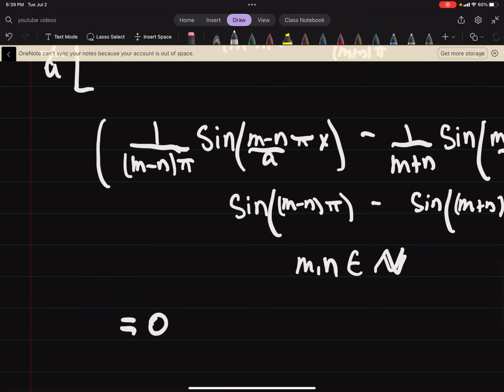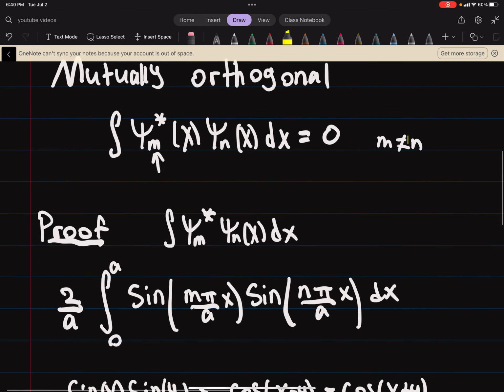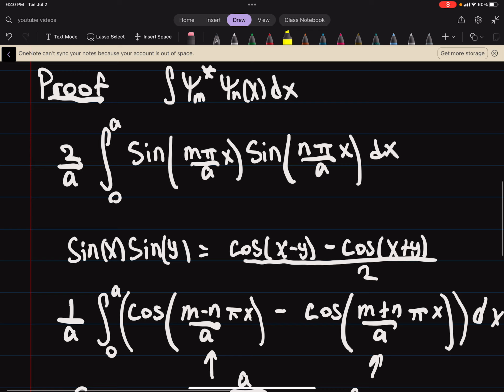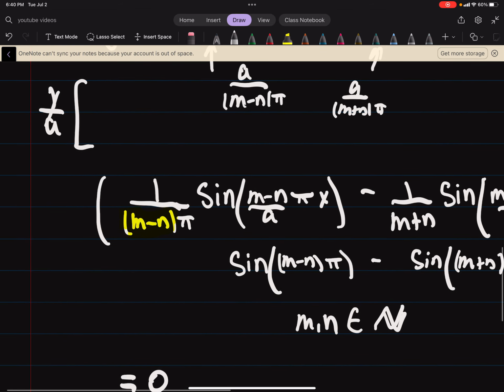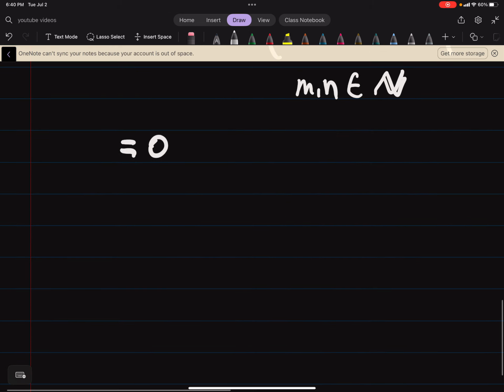Now you might notice right here, remember one of our stipulations was that m cannot equal n. If m equals n, you're going to be dividing by 0. So that is one area where we cannot do that. But that's okay because there's a different way we can approach that.